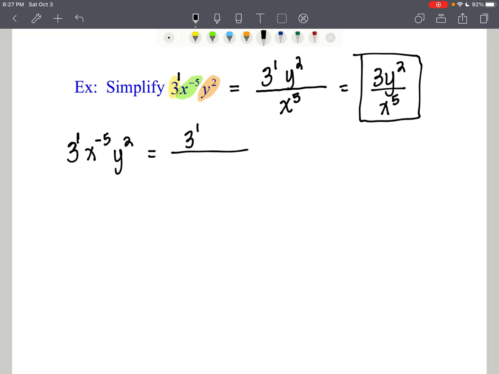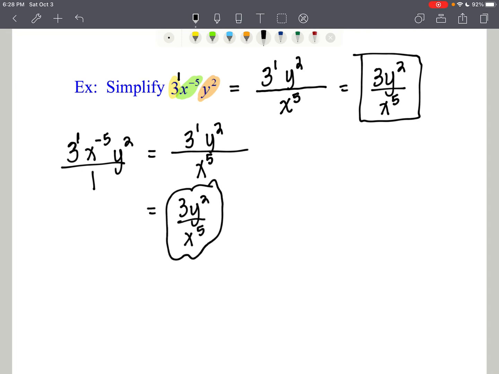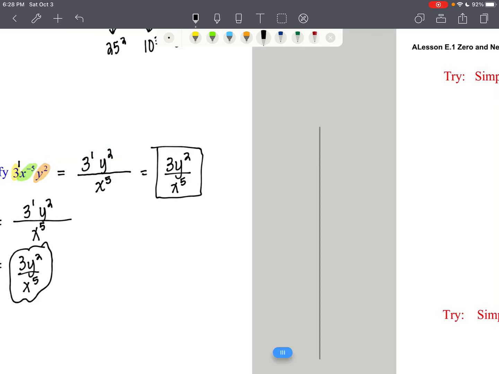When I say it goes, that means it goes to the other position in the fraction to become a positive exponent. It's in the numerator now, so it's going to move down to the denominator. And then I'm going to say, does y stay or go? Y has a positive exponent, so it can stay exactly where it is. And then, of course, we rewrite this as 3y squared over x to the 5th. But that's the language that I'm going to say. Does it stay or does it go?